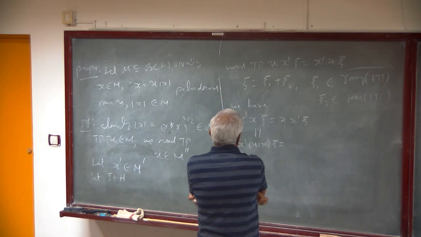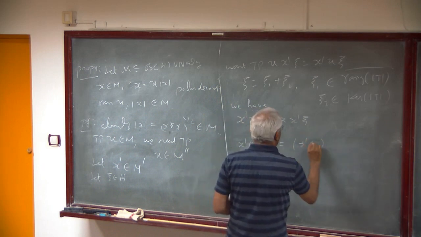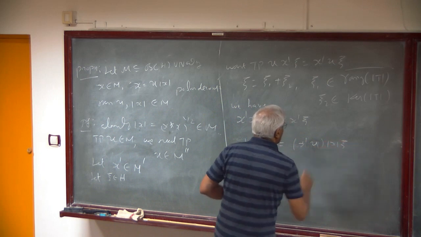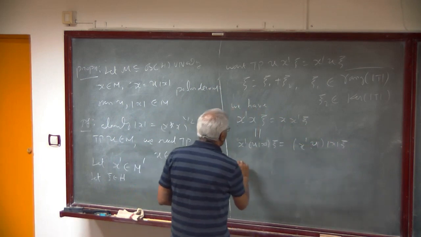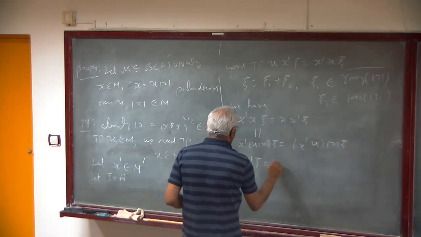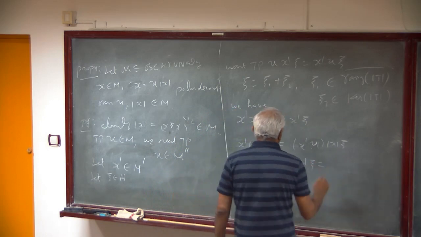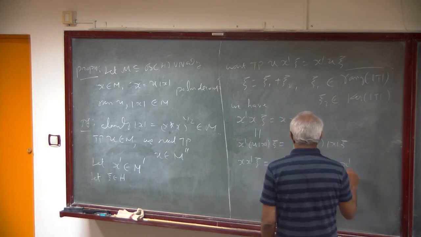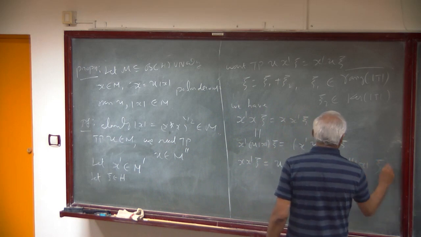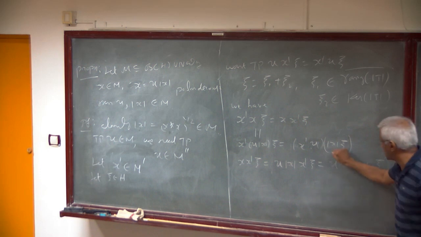That is just x prime u|x| xi. And we have to prove that x prime x xi equals u|x| x prime xi, which is u x prime |x| xi, since they commute. So these two are equal.